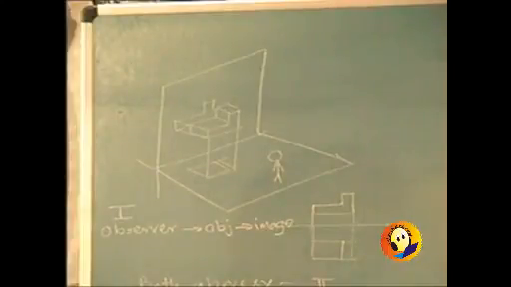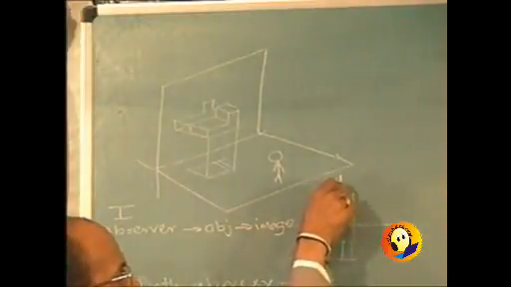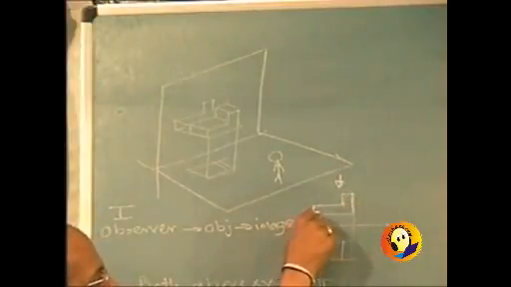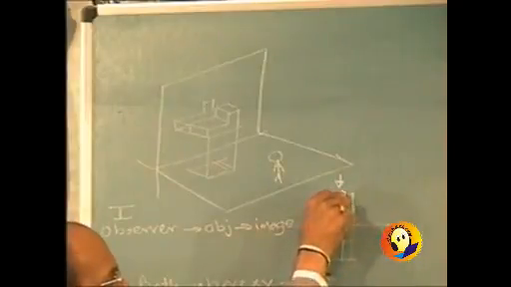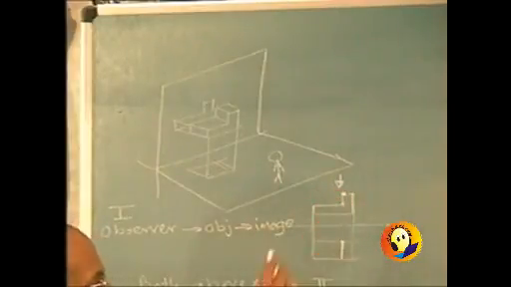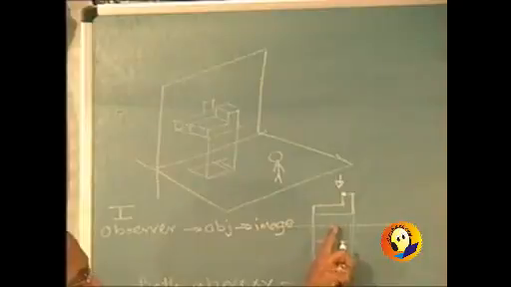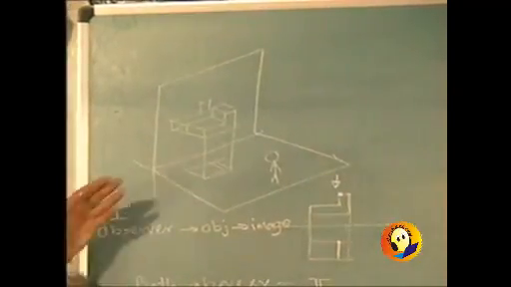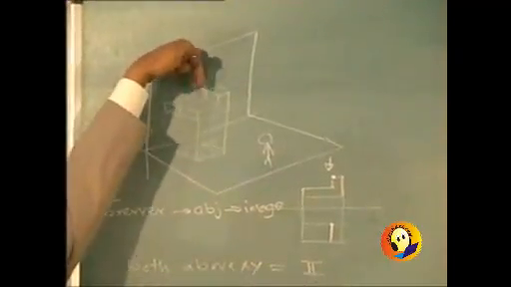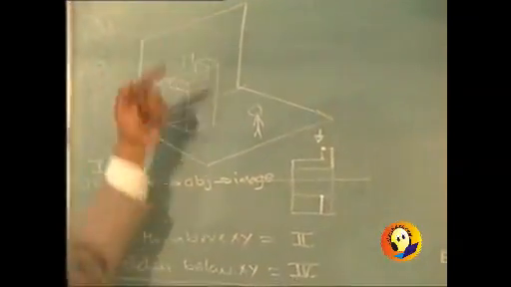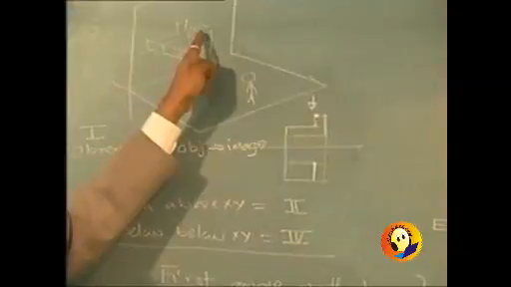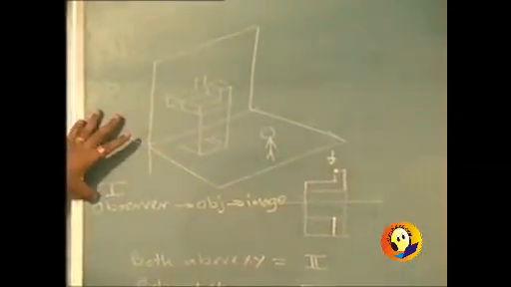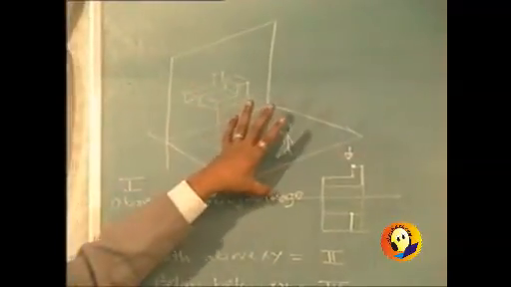And so, when you look from top to get the top view, this figure will act as the object and this will be the image. So this particular edge is visible, yes. If the same object would have been viewed from this side, you could not see the particular edge. Looking at it from top only, you can see the edge. If you look at the object from bottom, this particular edge will not be visible. So the sequence in the first angle is observer, object and image.